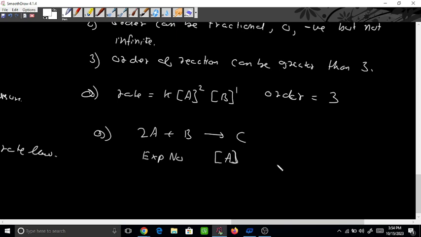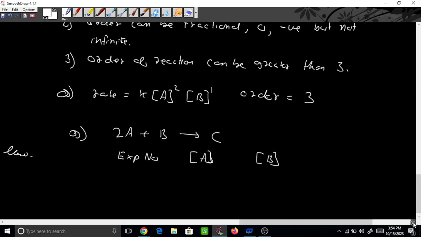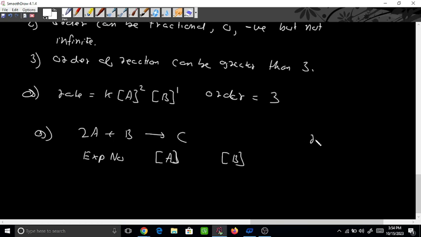Then they have given the concentration of A, the concentration of B, and the rate. This is the experiment number 1. The concentration of A at some time was 0.1 and the concentration of B is 0.1, and the rate was 4 into 10 to the power minus 4, units in moles per liter.